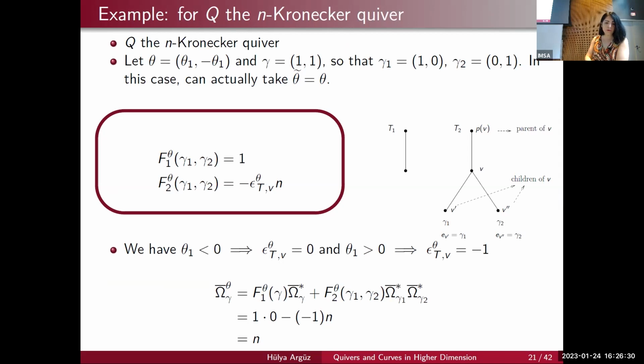Just as an example, if we consider the n-Kronecker quiver that I mentioned at the beginning, a quiver with two vertices and n arrows between them, the dimension vector 1, 1, so your stability parameter theta and gamma perp can be any theta 1 minus theta 1. And if you consider the decomposition of gamma into 1, 0 and 0, 1, the coefficient F_1 theta is just 1 because there's only one possible tree, and F_2 theta is some sign times the inner product.